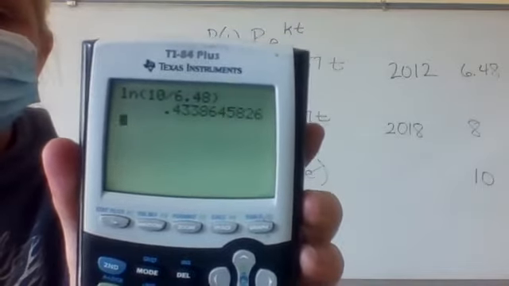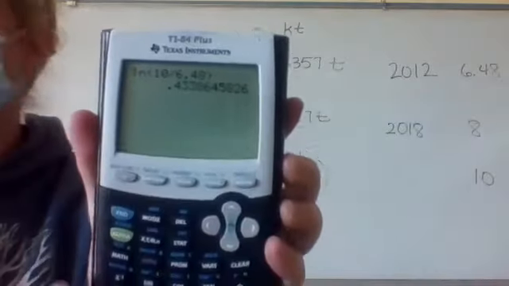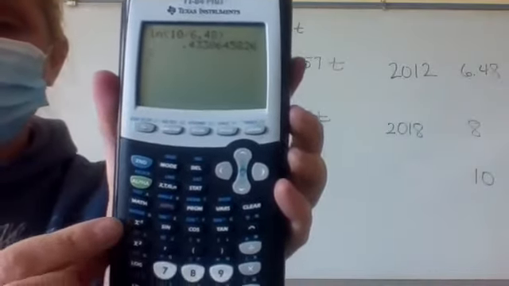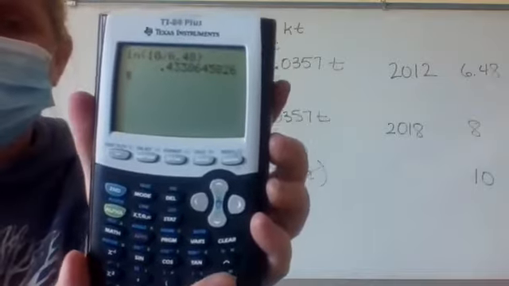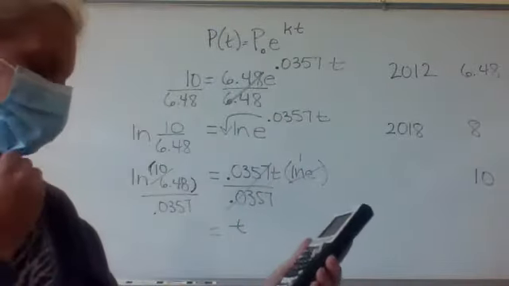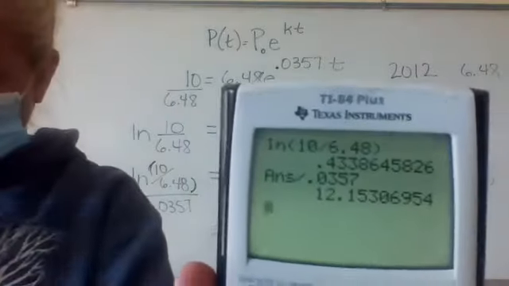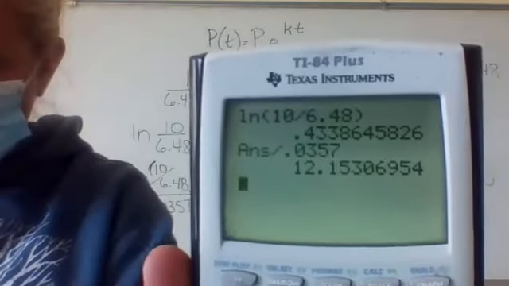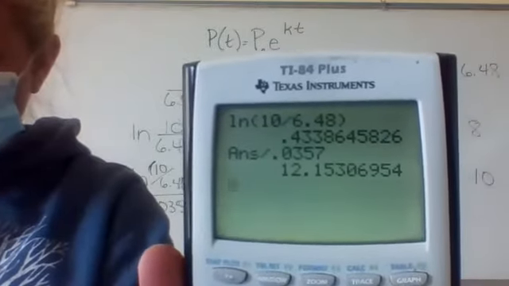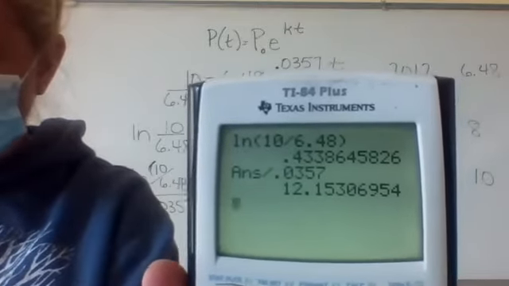Go ahead and hit enter. Now you should have 0.43386 in your calculator. You're going to just divide, hit divided by your denominator, 0.0357. And hit enter. So the population of the city will be 10 million in about blank years after 2012.